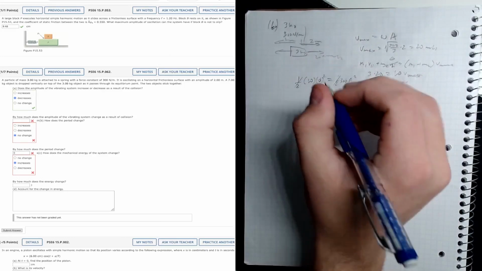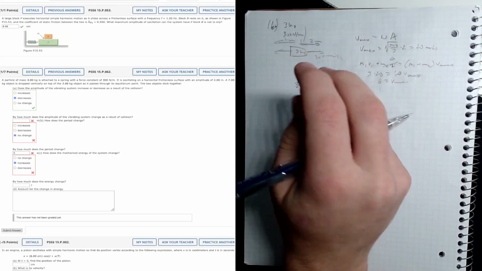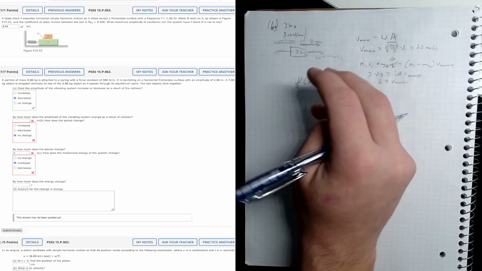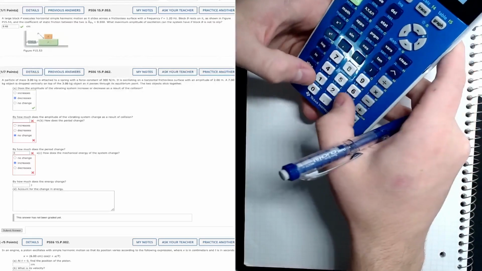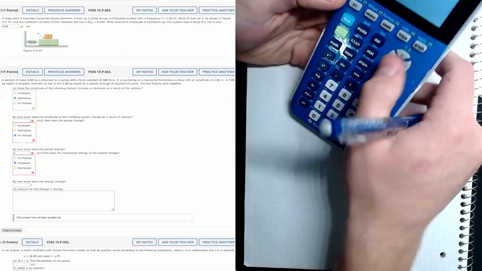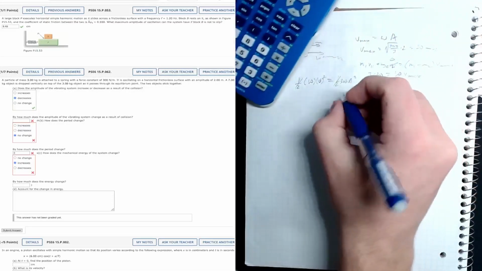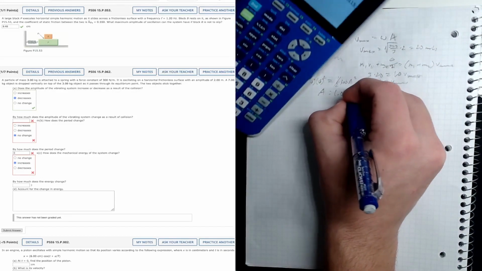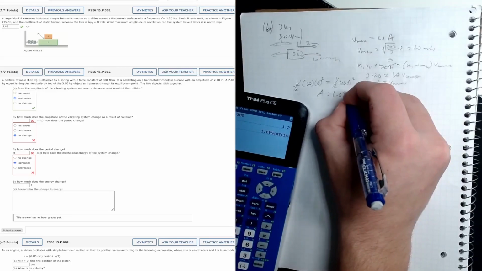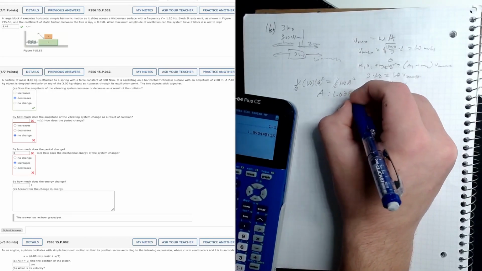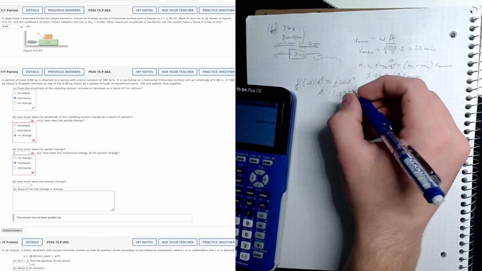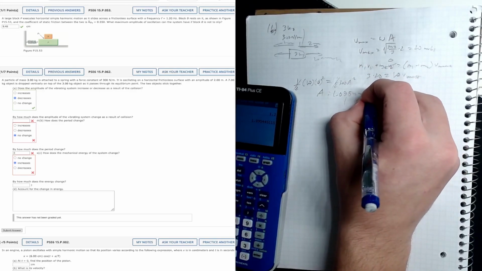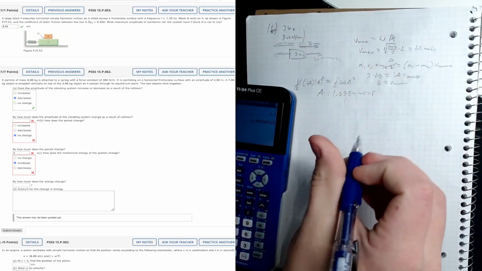Cancel out the 1/2. 6 squared, 36 times 10, 360. 360 divided by 300, square rooted, gives us a equal to 1.095. So 1.10. That is the new amplitude.